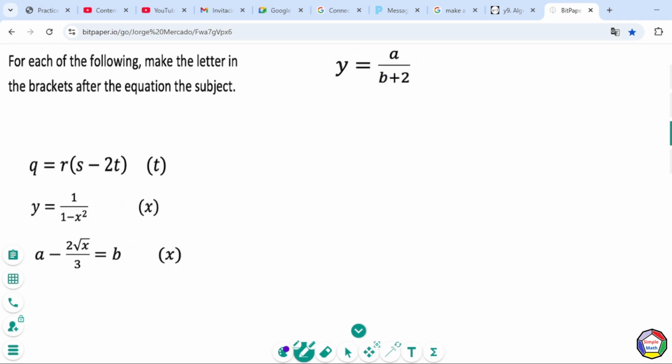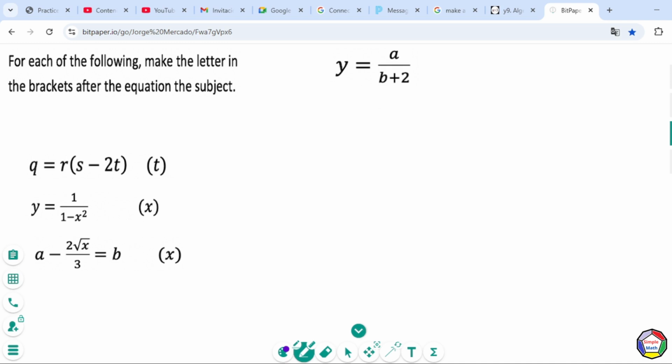Basically, we have to take everything that is dividing the letter a and move it to the other side. How? With the inverse operation of division. Because look, b plus 2 is dividing the letter a. So I will move that to the other side with the inverse operation, which is multiplication.